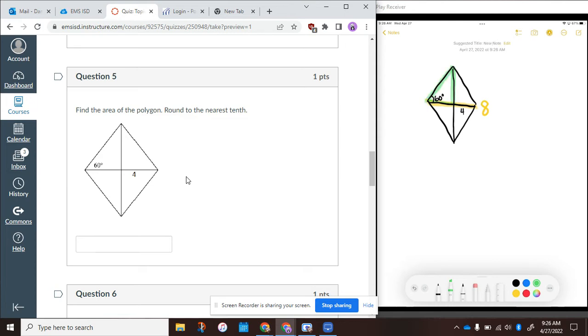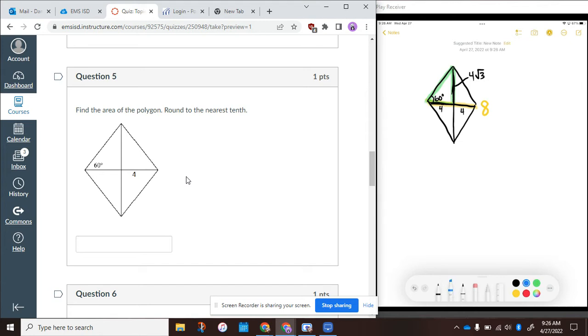And we know that there are special relationships between the side lengths on a 30, 60, 90 triangle. So if this part of it right here that I just marked is 4, then this piece of it right up here is 4 times square root of 3. Okay, and if that's 4 times square root of 3, this thing is a rhombus.